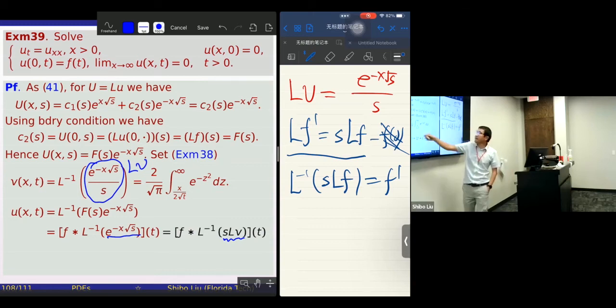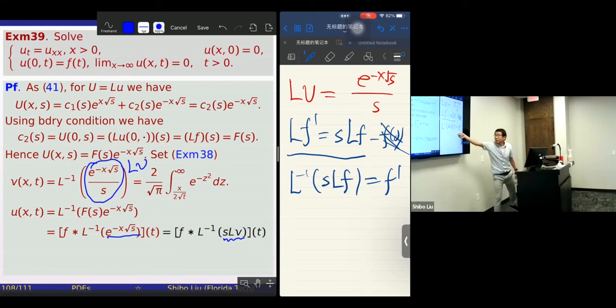For our V here, when t equals 0, this is 0. When t equals 0, the lower limit of the integral is also infinity. So you are integrating from infinity to infinity, and the result is 0. So our V satisfies V0 is 0.